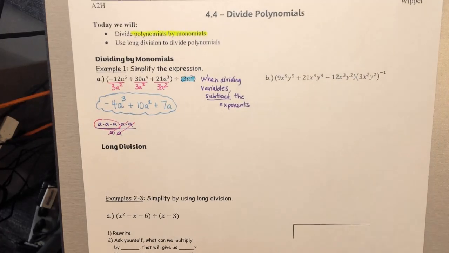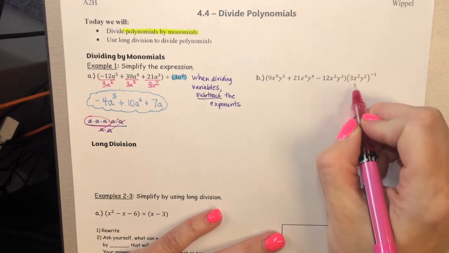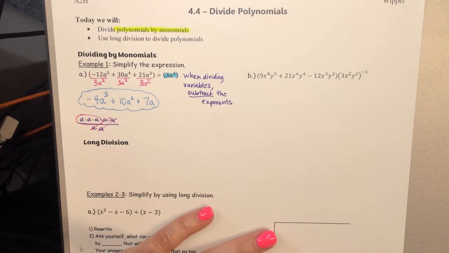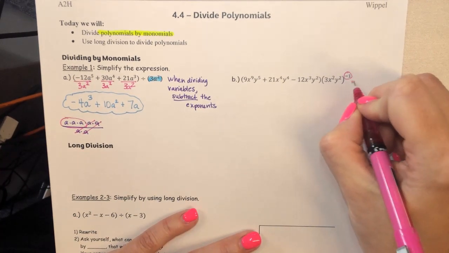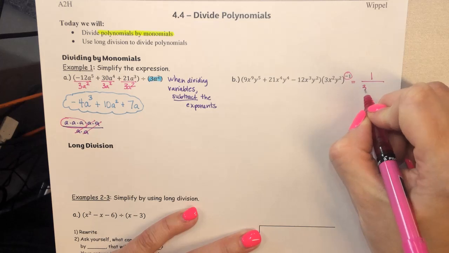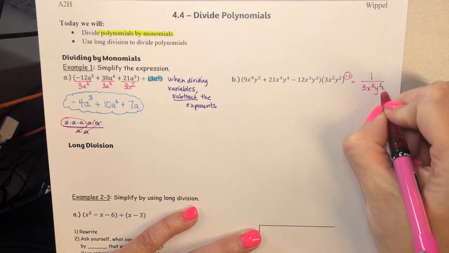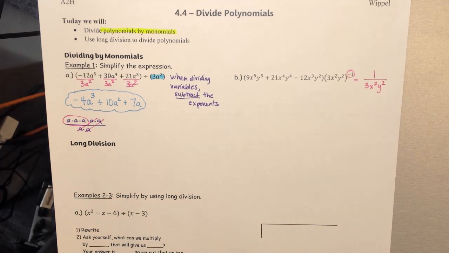All right, and then for B, you have this value to the negative 1 power. If something is to the negative 1, that's going to be 1 over 3x squared y squared. Anytime you have a negative exponent, to make it a positive, you put it under 1.